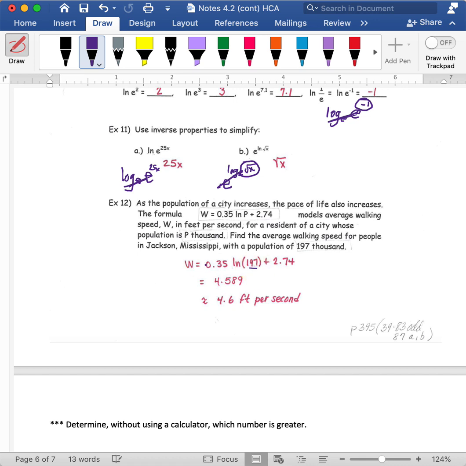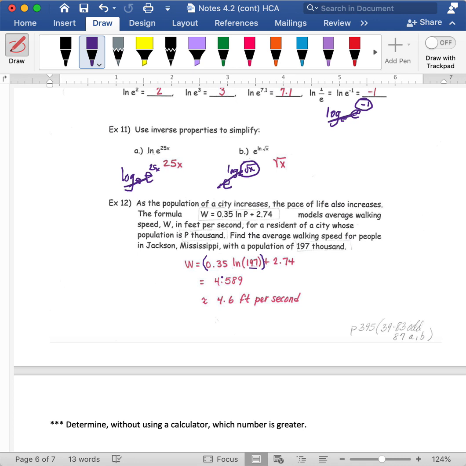Then this part here is calculator work. You should be able to put this into the calculator, and once you find that, add 2.74. And so we're going to round this and say about 4.6 feet per second.